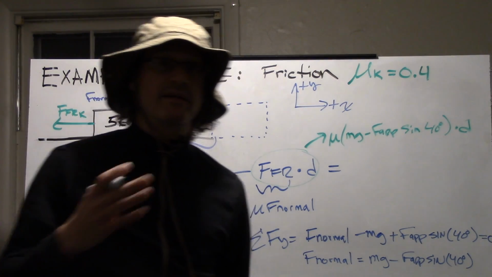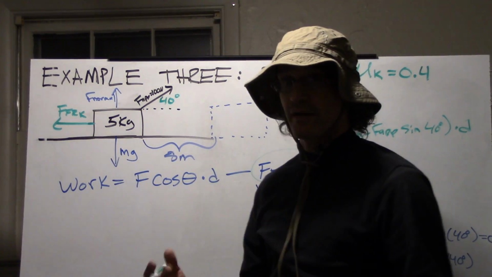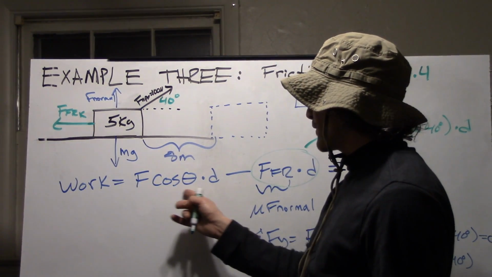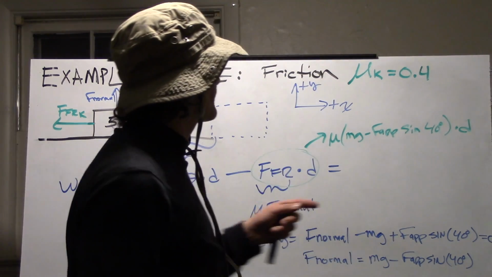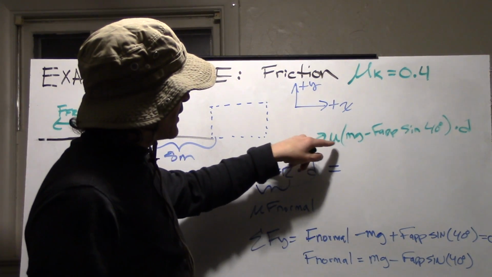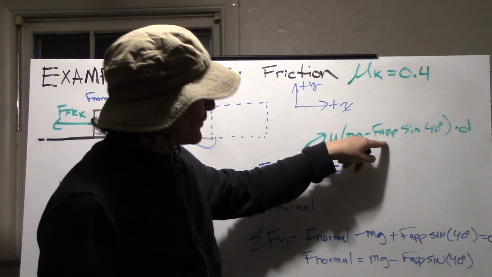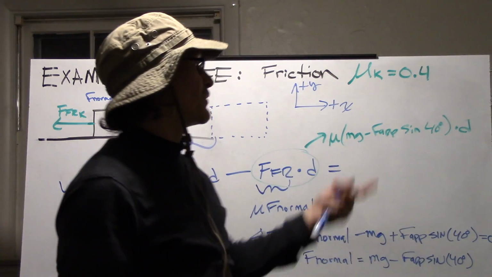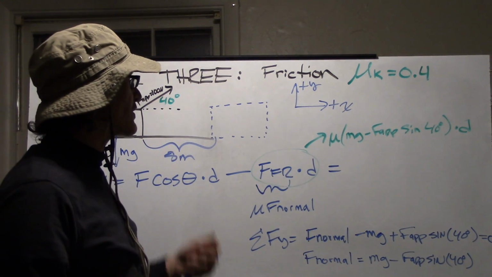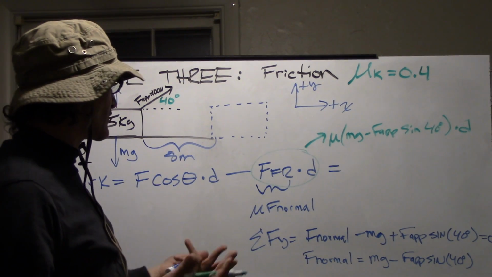Work is F cosine theta times d, minus mu times the parentheses of mg minus force applied sine of theta, but in this case it's 40 degrees, times d. So everything is here. We've got everything solved out, so that's cool.